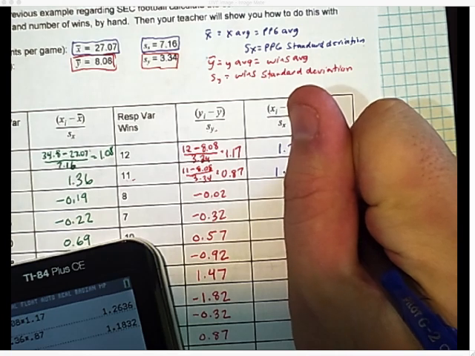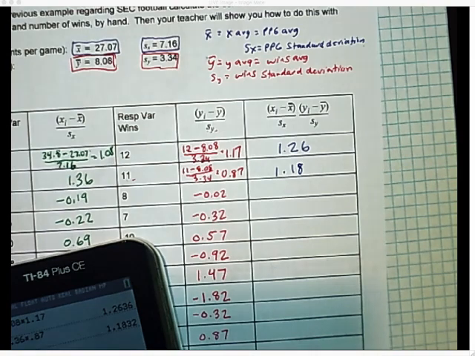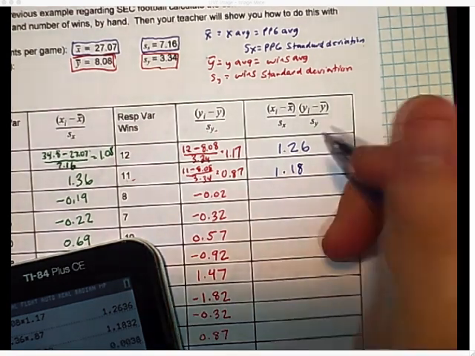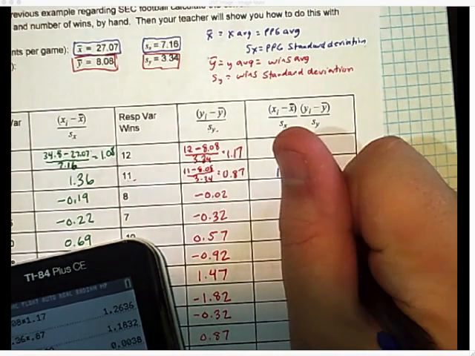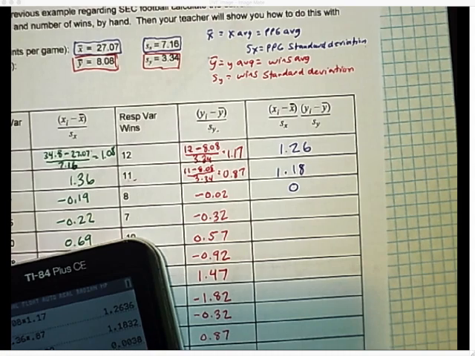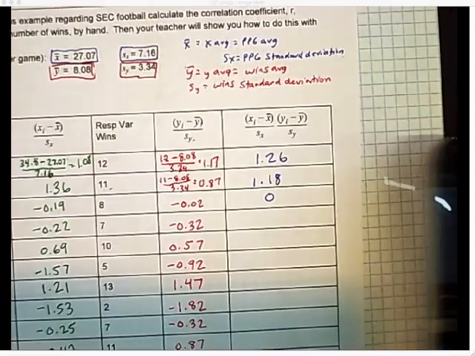That's going to be 1.18 roughly. Then negative 0.19 times negative 0.02 is 0.0038, so if I round it to two places, that's basically 0. Let me just go through those.